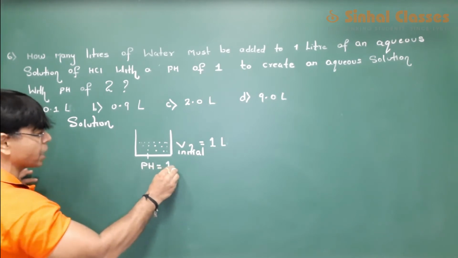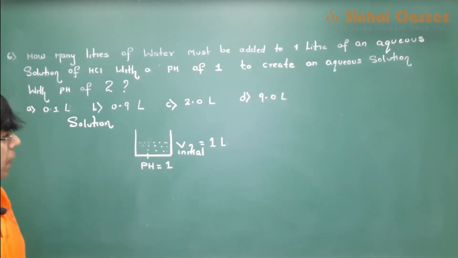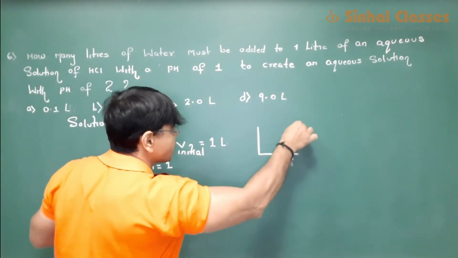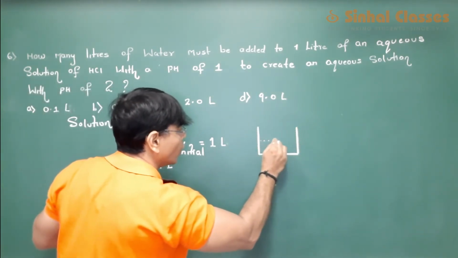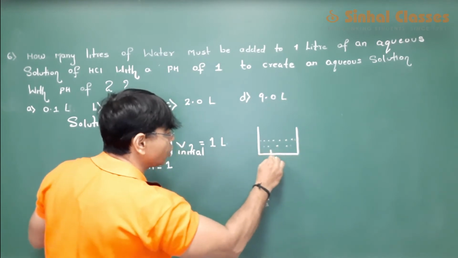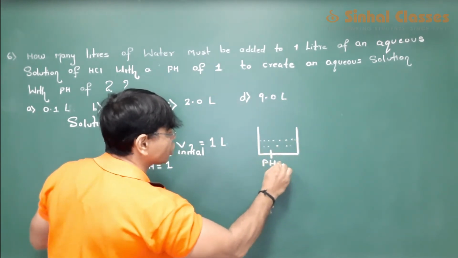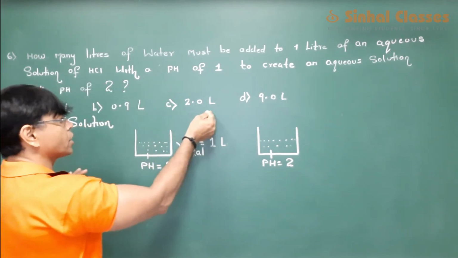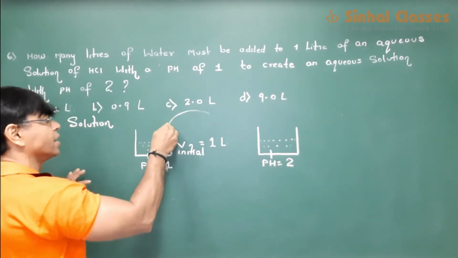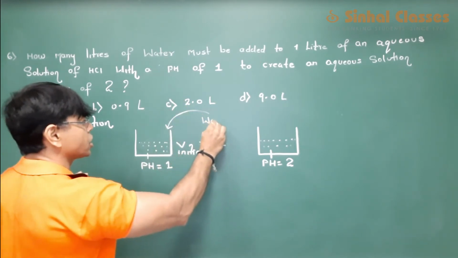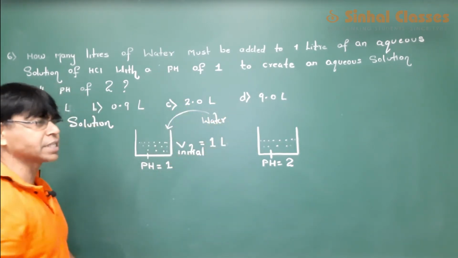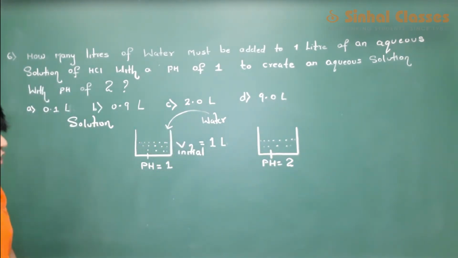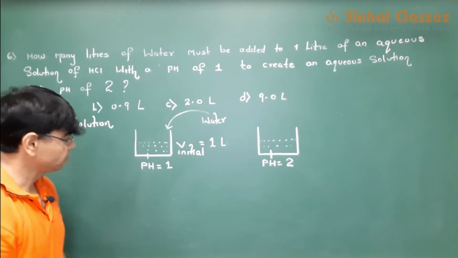So initial pH is 1. Now they want to convert this into a solution of pH 2. They are asking you, how many liters of water should be poured inside to make it pH 2? Okay, so let's see now.